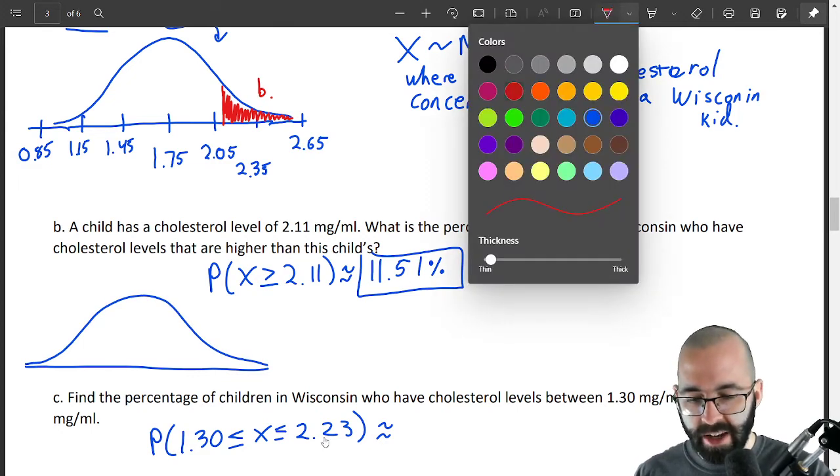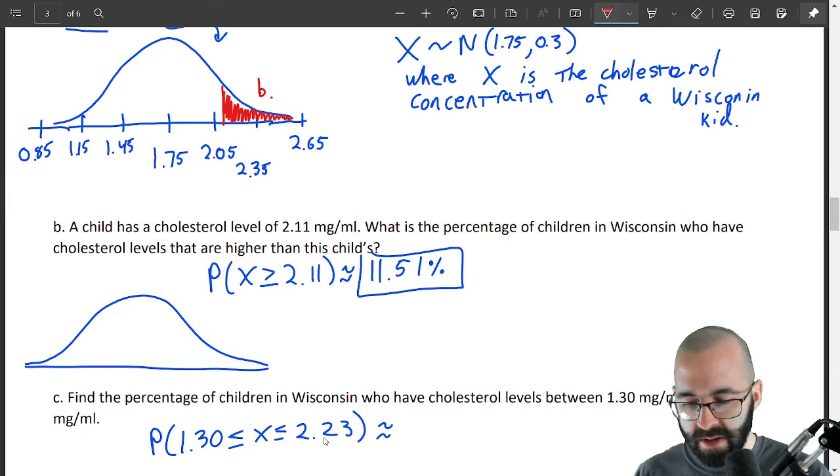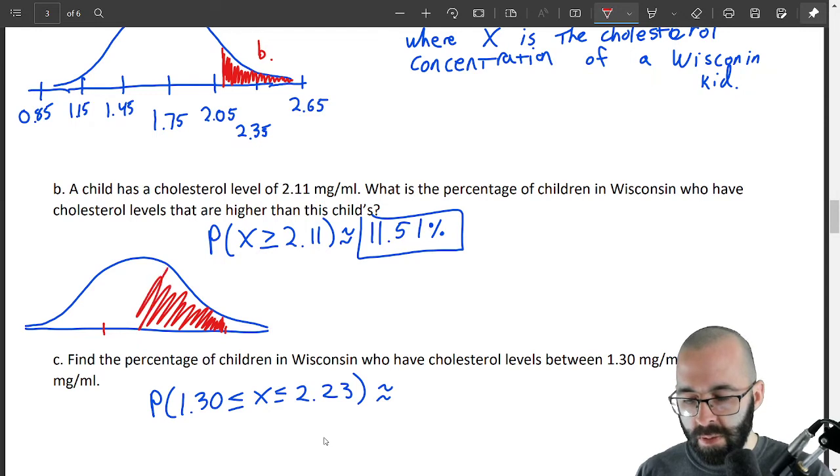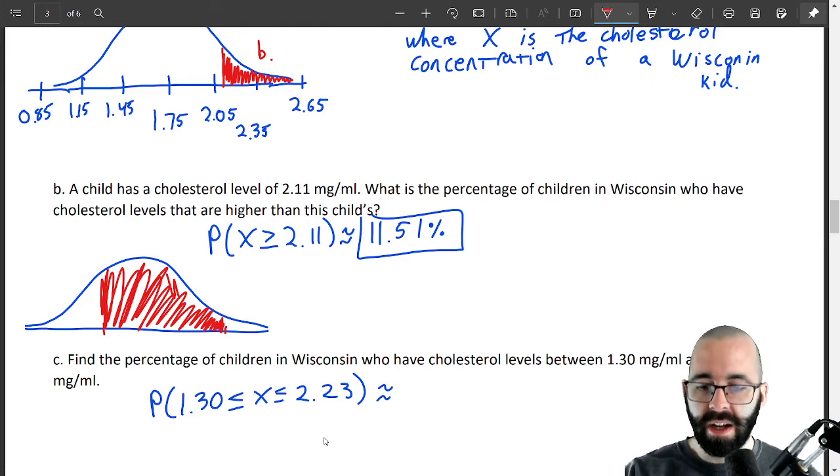And apparently I'm writing it under part B, just like before. So we're expecting 1.3 is maybe right here. 2.23, that's pretty big. Maybe around here. We're expecting this area. Okay? This is what we're expecting. So let's type into GeoGebra and see if we got the same thing.